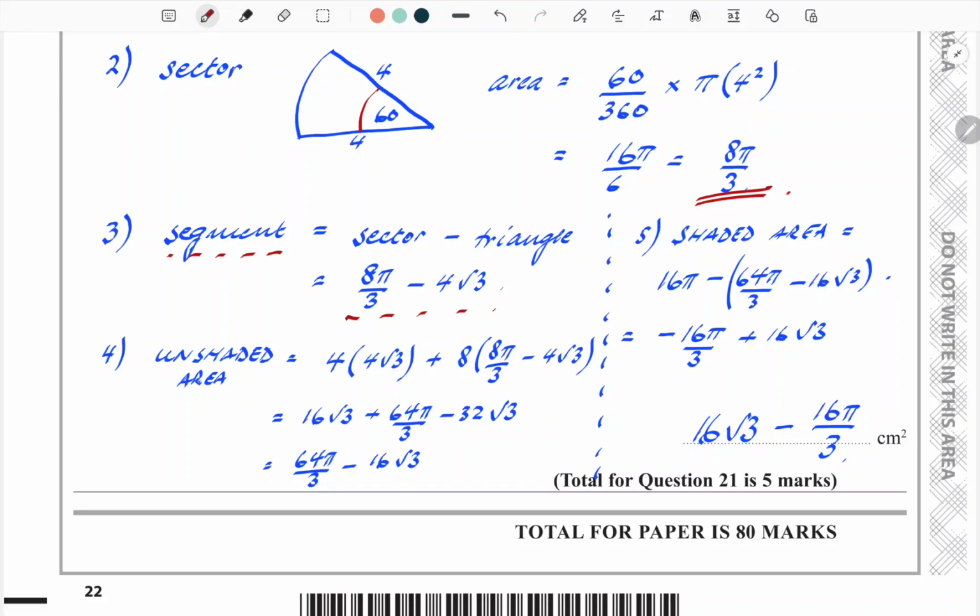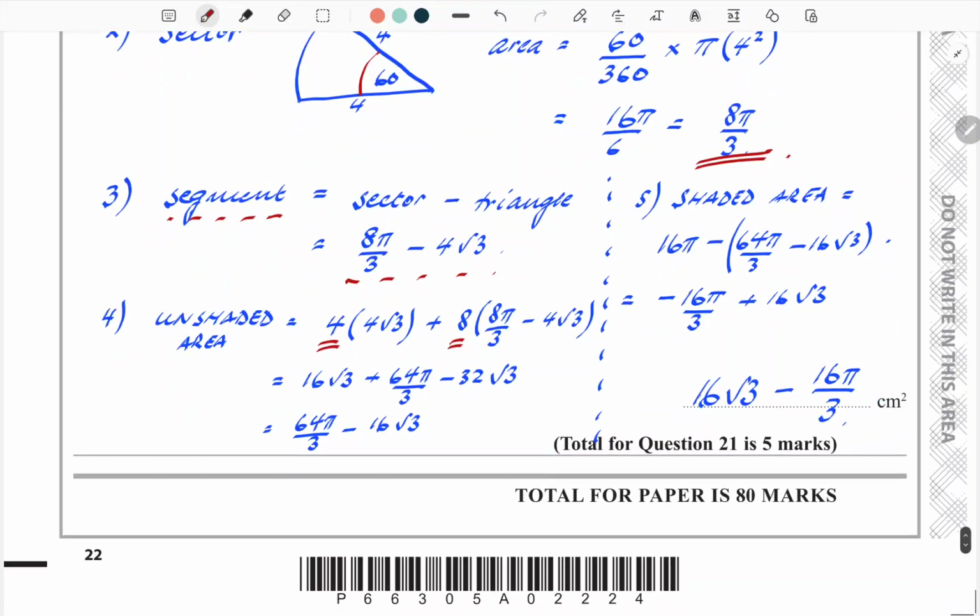The unshaded area, therefore, is, remember what I said, 4 triangles and 8 segments. Expanding all that out, I get 16 root 3 plus 64 pi over 3 minus 32 root 3. Tidy that up, and you end up with 64 pi over 3 minus 16 root 3.